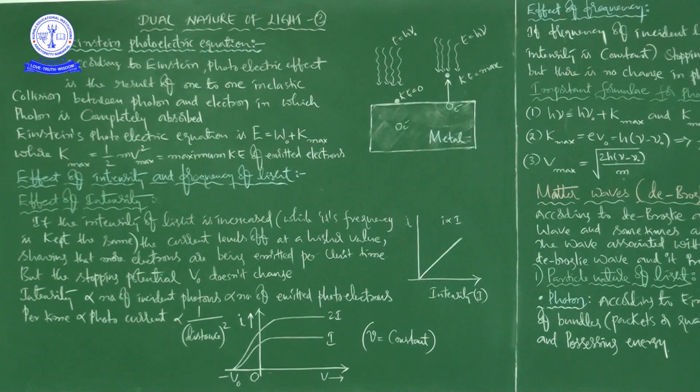Then if more electrons come out, we can say that more electrons are being emitted per unit time.